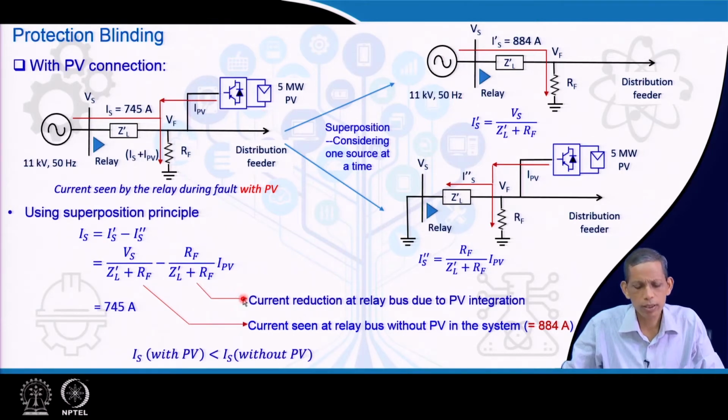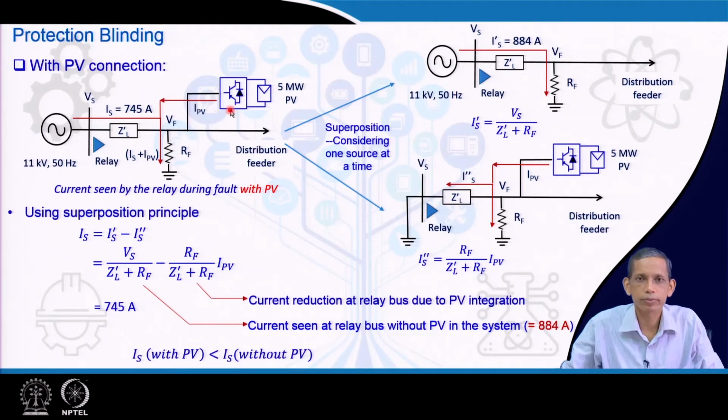So, what you see is that with the contribution of the IPV, when the PV is connected beyond the fault point in this arrangement, the substation relay current decreases. That is, the current seen by the relay IS with PV becomes less than without PV.